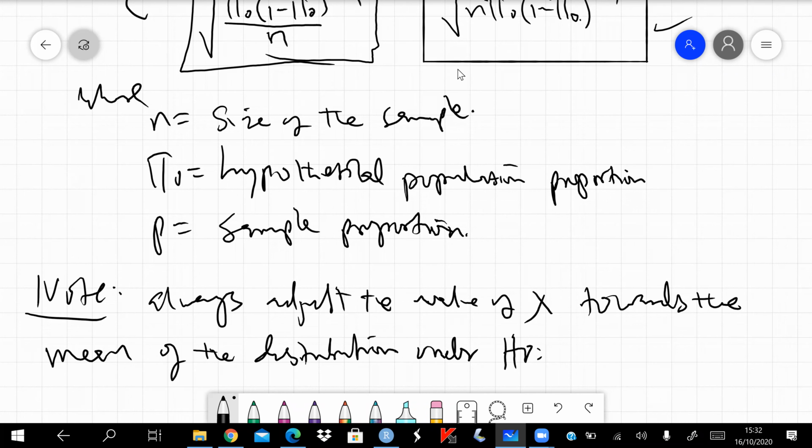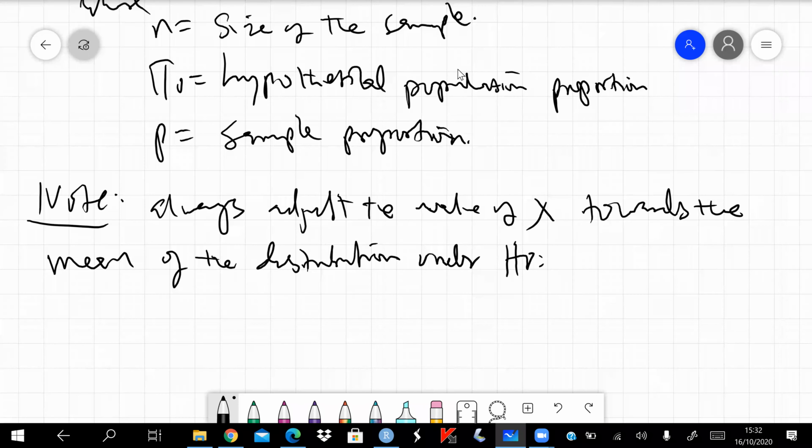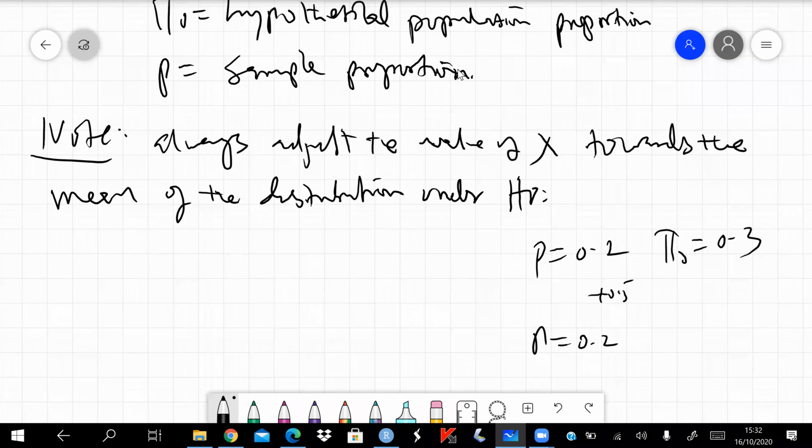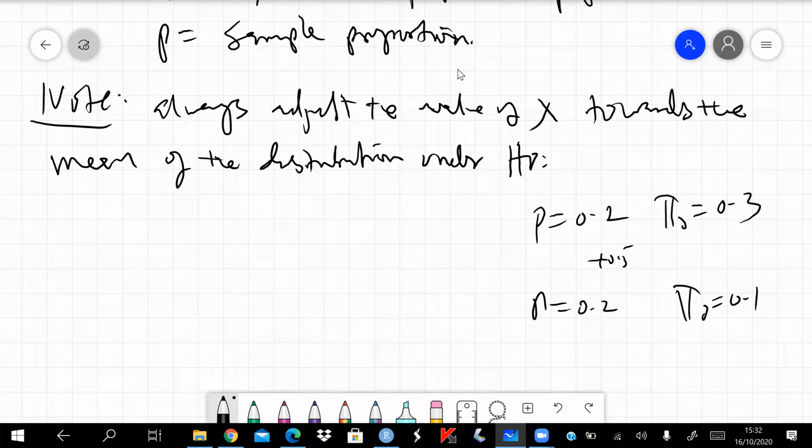Okay, so that means that, for instance, if your p is 0.2 and your pi naught is 0.3, you need to adjust upwards. So you add like that. And on the other hand, if your p is 0.2 and then your pi naught is 0.1, you need to adjust downwards. So you should adjust in the direction of the mean, or you should adjust towards the mean of the distribution given under H naught.